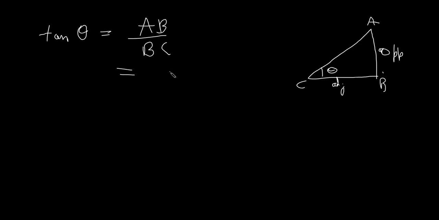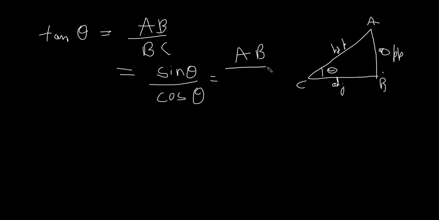Now before that, we know that sine theta is opposite over hypotenuse, that is AB upon AC.